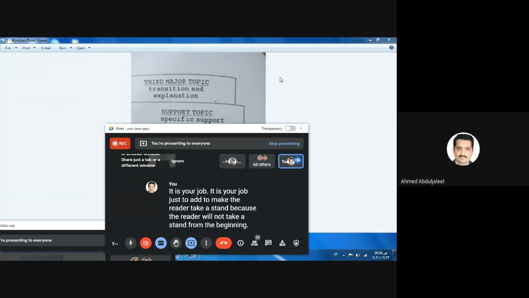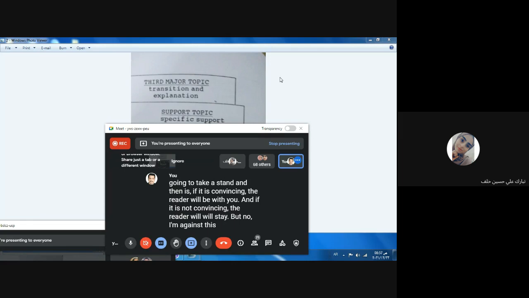It is only an introduction for the opposing ideas, and then at the end, in the conclusion, you are going to take a stand. If it is convincing, the reader will be with you, and if it is not convincing, the reader will say no, I'm against this opinion. This is that he is against my opinion, not that he feels doubt.